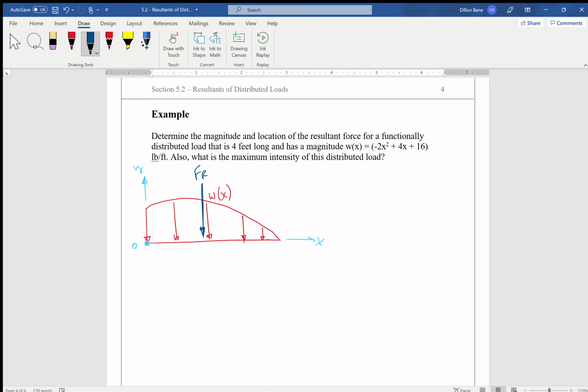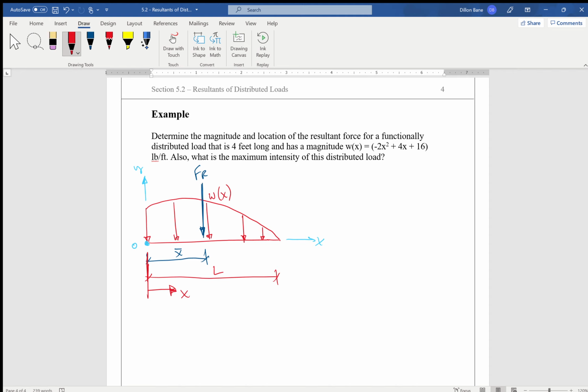So we'll say that we've got FR. FR acts at X bar, and our load has length of L. And again, we'll start X at the left and go towards the right. Okay? So again, this is the same thing.